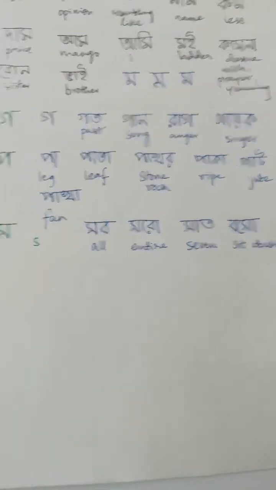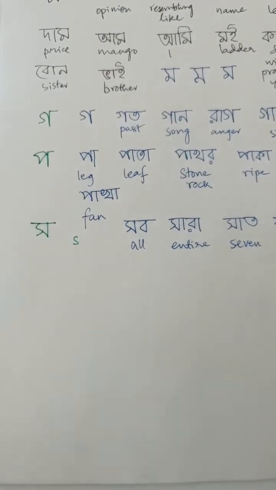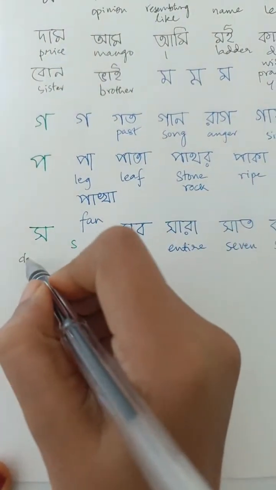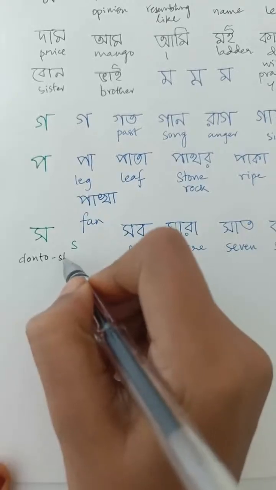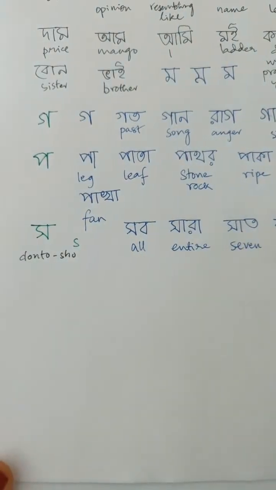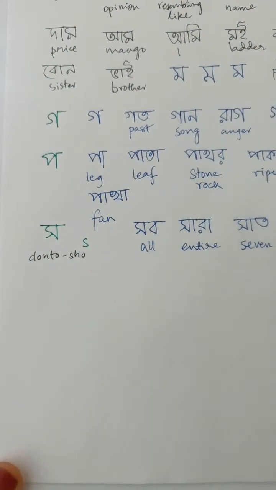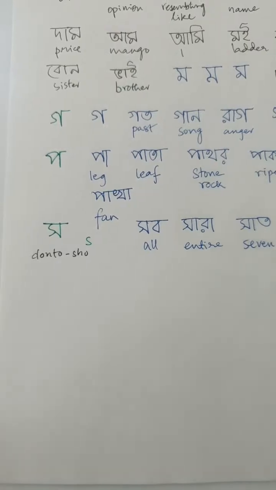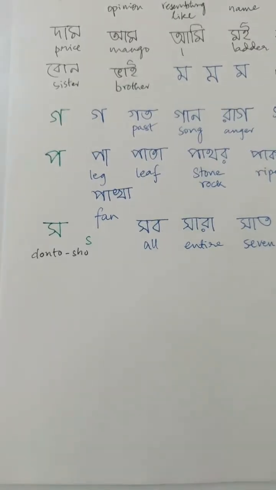And like I said, we have three S's, so we have three names to identify them separately. This one is called Danto Sha. Danto means dental, and this is the one that comes from your teeth. That's a dental Sha.